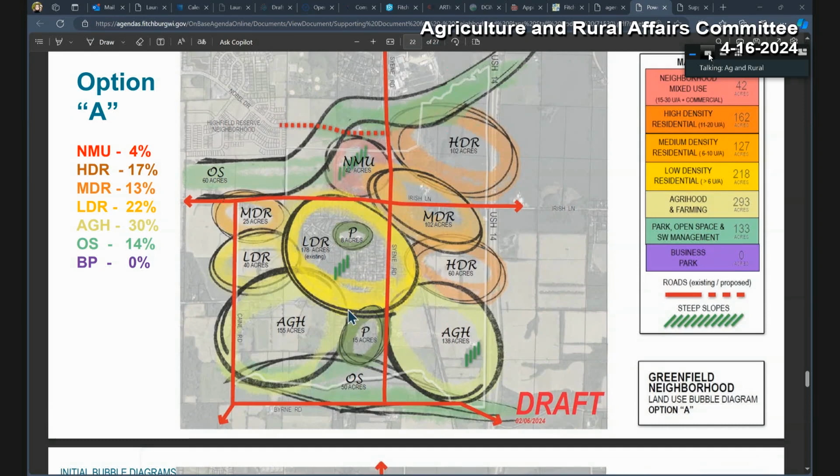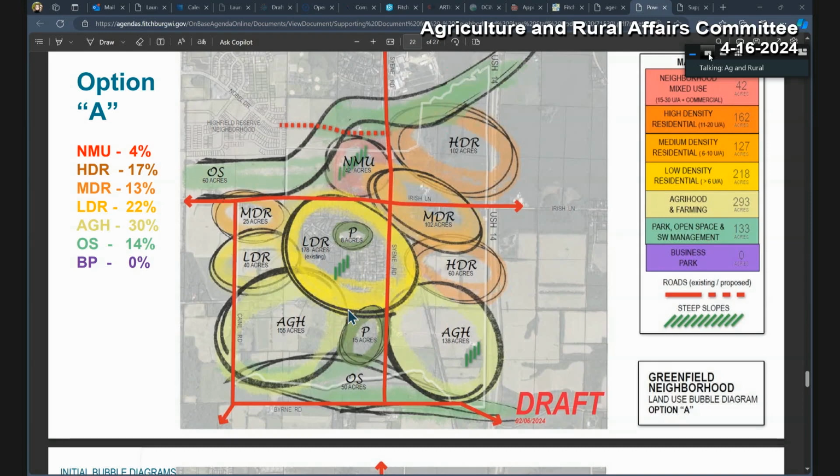These are bubble diagrams, once again. This isn't saying this goes here, but it's looking at the general relationships, and the general amounts of different types of these land uses.